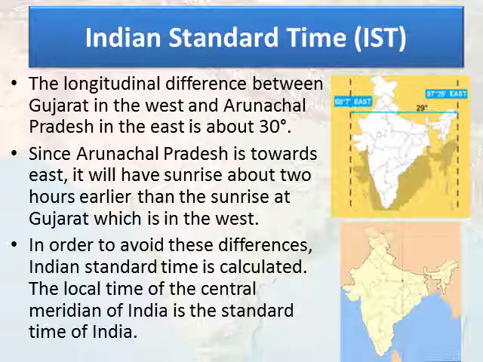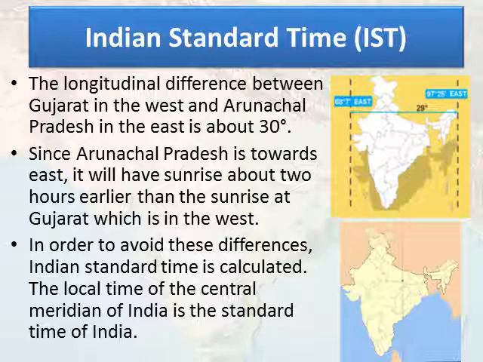So the inhabitants of the northeastern states have to advance their clocks with the early sunrise and avoid the extra consumption of energy after daylight hours. So we follow a time zone which is observed throughout India.